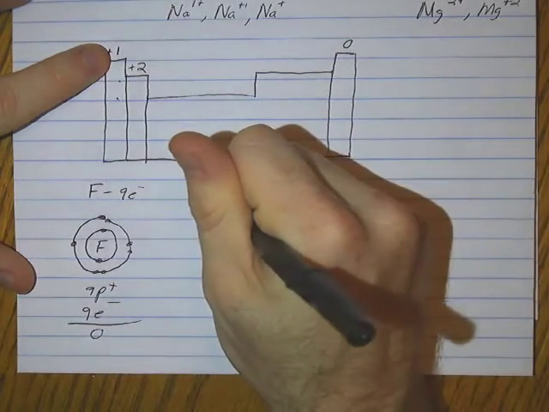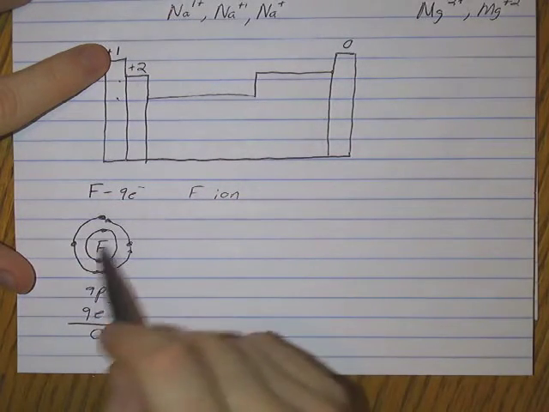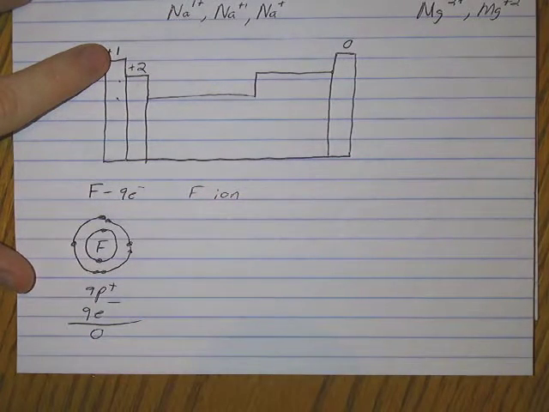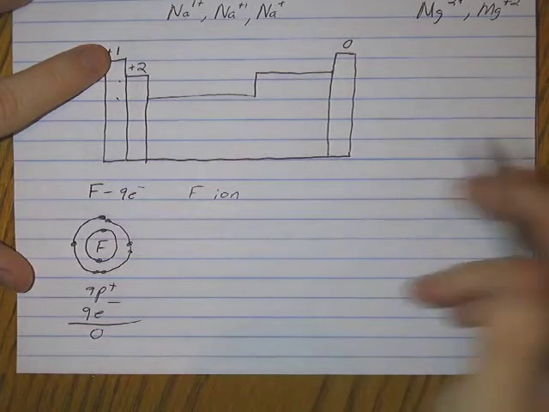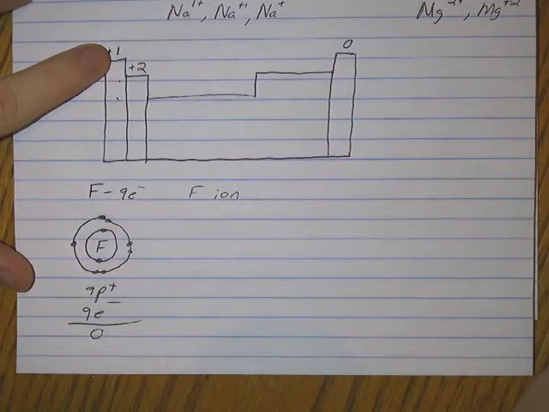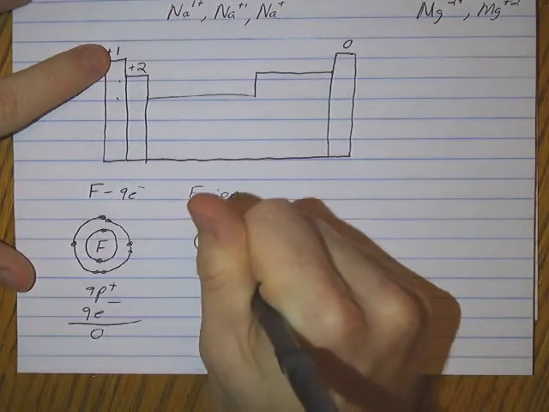But if we want the fluorine ion, again, we have to either fill or empty the valence shell. If you want to fill it, we need 1 more electron. If you want to empty it, we got to get rid of 7. So what's easier? Just to get 1, and that's what fluorine does.